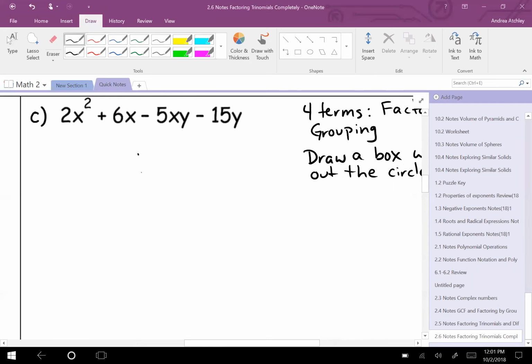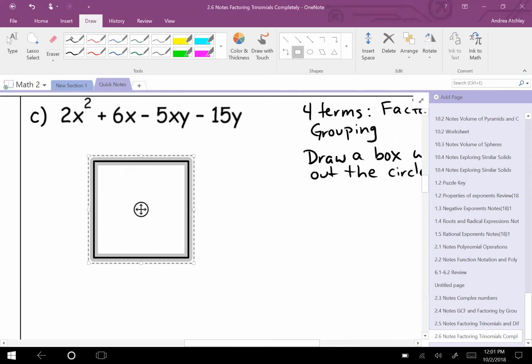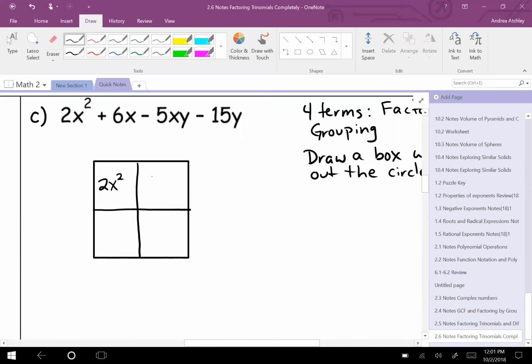Because there's 4 terms, I don't need to combine the middle terms to get to that circle. So I just draw the 4 little boxes, the square cut into 4 pieces. The 2x squared goes here. The 6x goes here. The negative 5xy goes here. And negative 15y goes here.